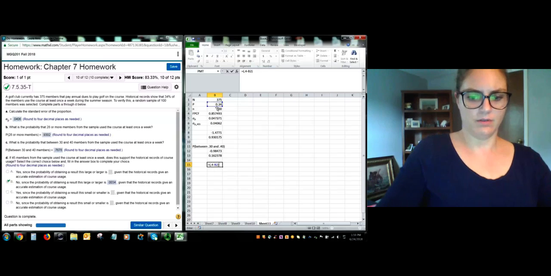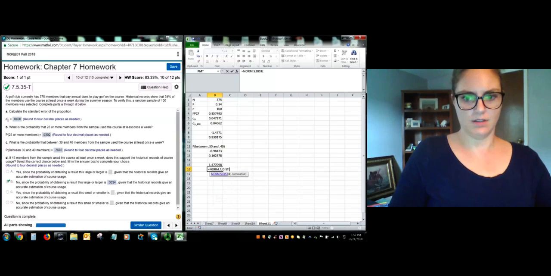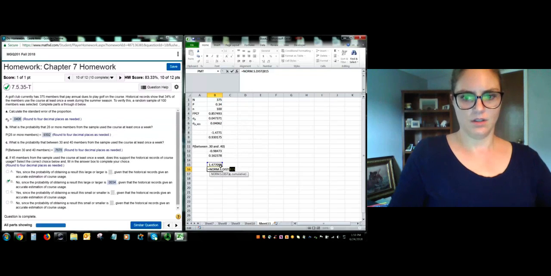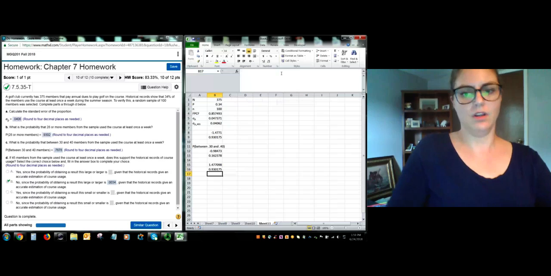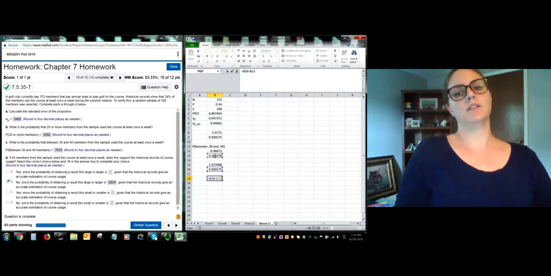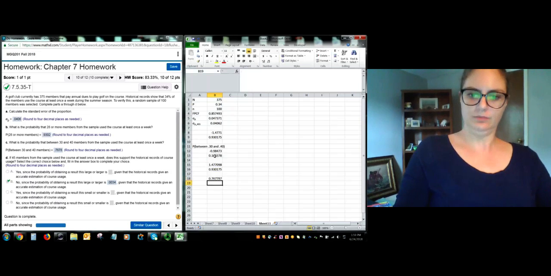Okay, 0.4 minus 0.34 divided by this equals the z. I forgot to put TRUE at the end. And again, let's find the difference. This is the probability that it's 0.4 or anything below. This is the probability that it's 0.3 or anything below. And that's giving me 0.7678.